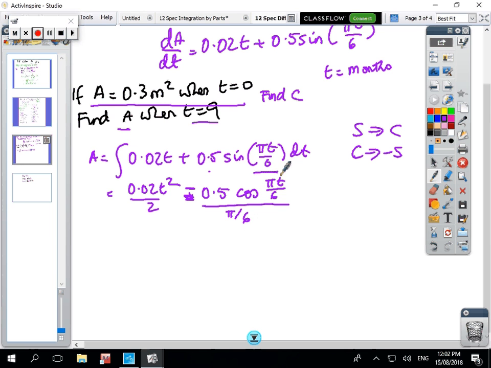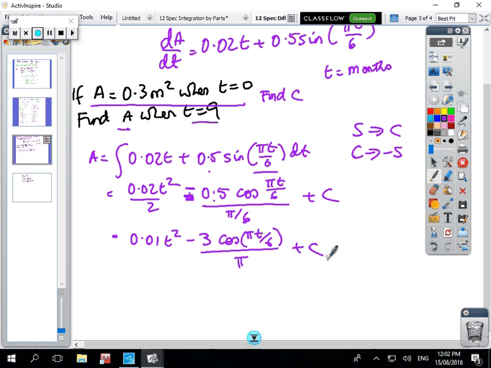Okay, so we divide by the derivative of that, which is going to be pi on 6, sorry. And then we just put here plus c, and then we just tidy up. 0.01 t squared. That 6 is going to come up and make a 3, so minus 3 cos pi t on 6 in brackets over pi plus c.